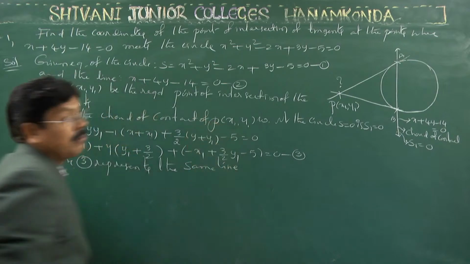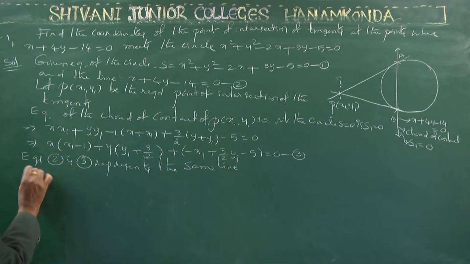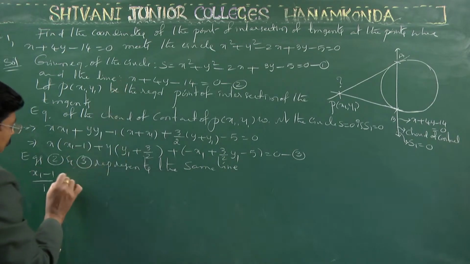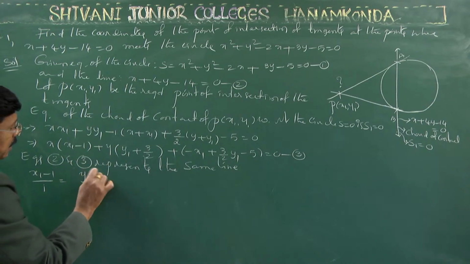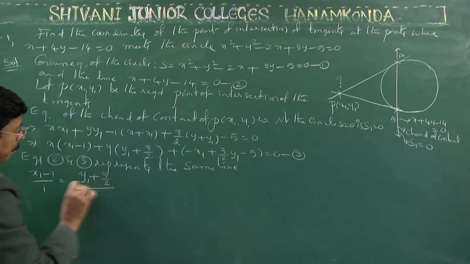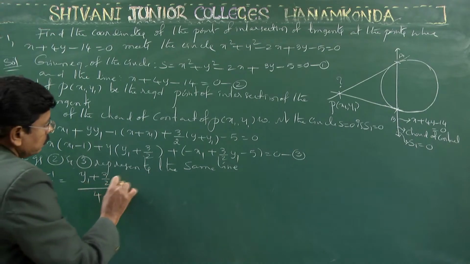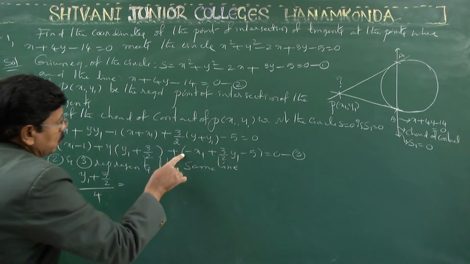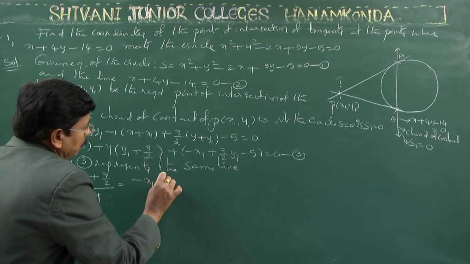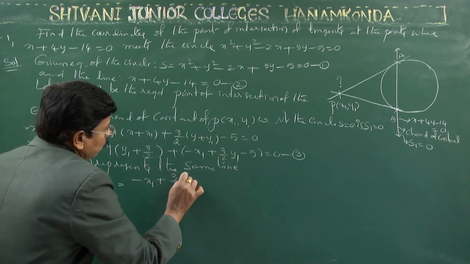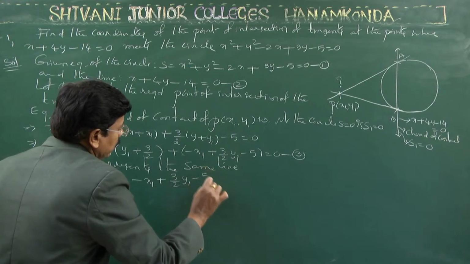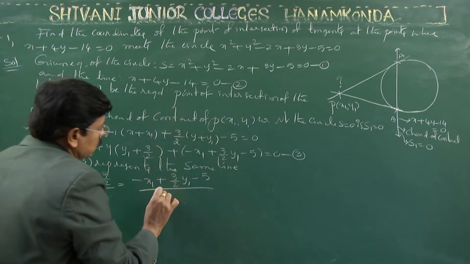Next, we have the process: x1 minus 1 by 1, next y1 plus 3 by 2 by 4, next minus x1 plus 3 by 2 y1 minus 5 by minus 14.